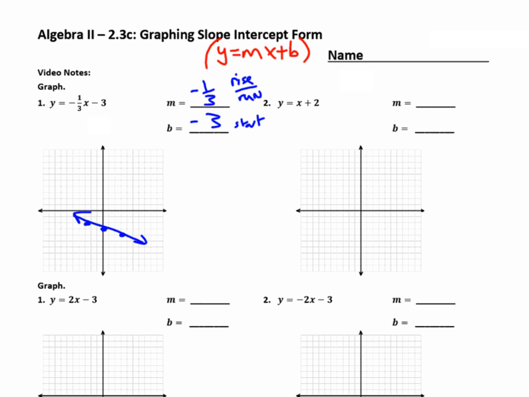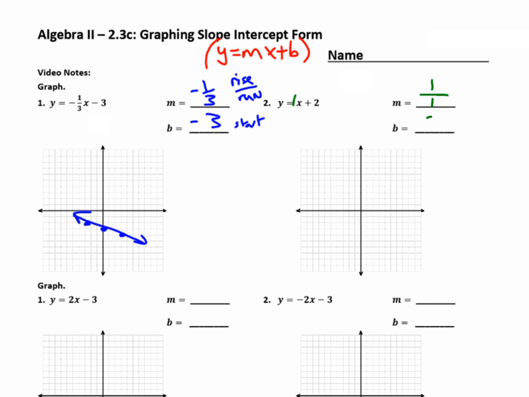Hopefully you have a little bit of recollection of what this looked like from last year. So number two, I've got a y equals mx plus b equation. So that's already set for us. The slope is the number in front of the x. Well, there's a lazy 1 in front of there. I want to write it as a fraction. So I get 1 over 1. And then the b, the y-intercept, is a 2.